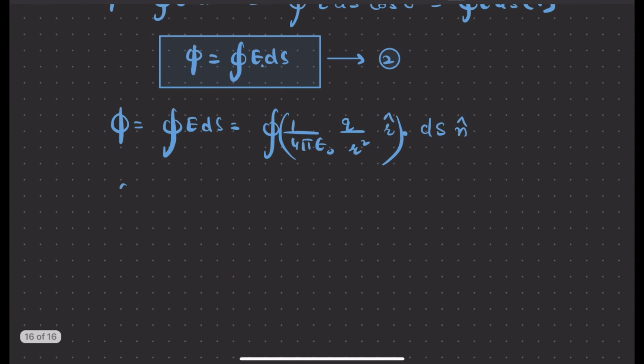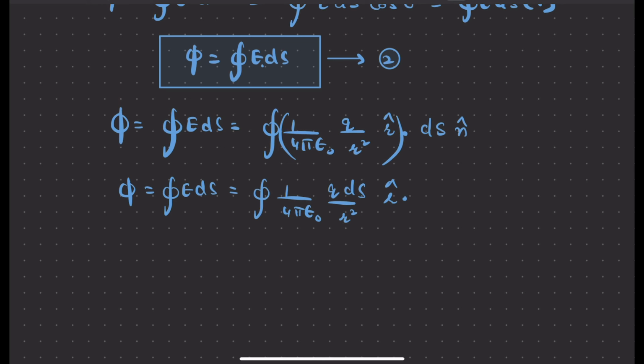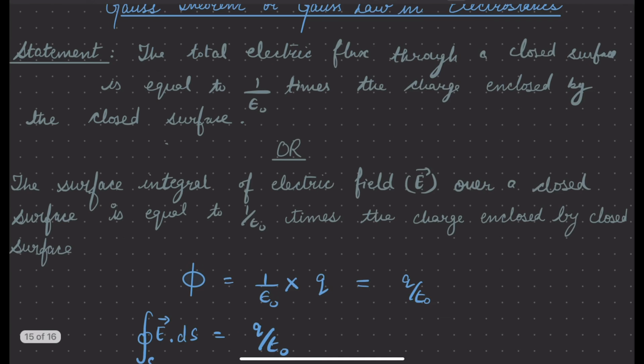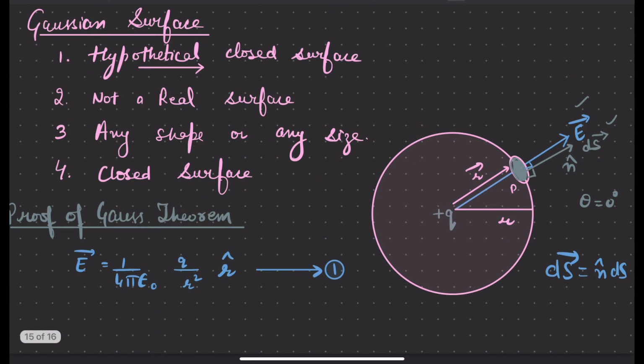Now we have phi equal to closed integral E ds, equal to closed integral 1 upon 4 pi epsilon naught, q ds upon r square, r cap dot n cap. Again, r cap is acting along the direction of the electric field intensity, and n cap is also acting along the same direction, such that r cap and n cap are leaving the surface normally.